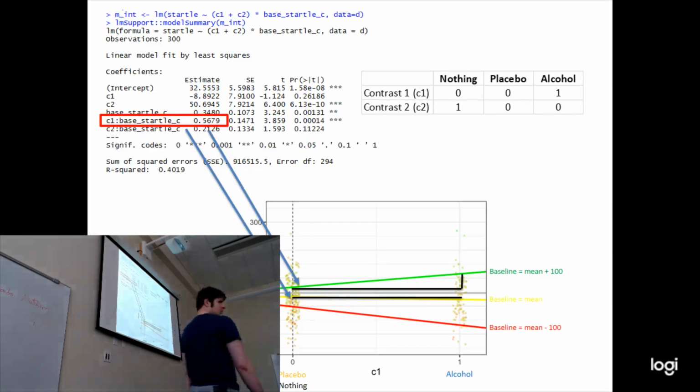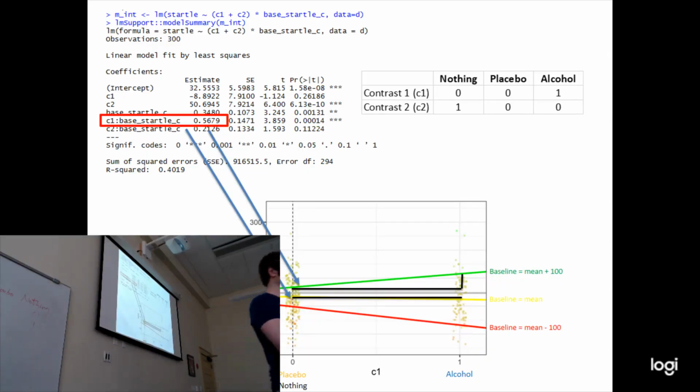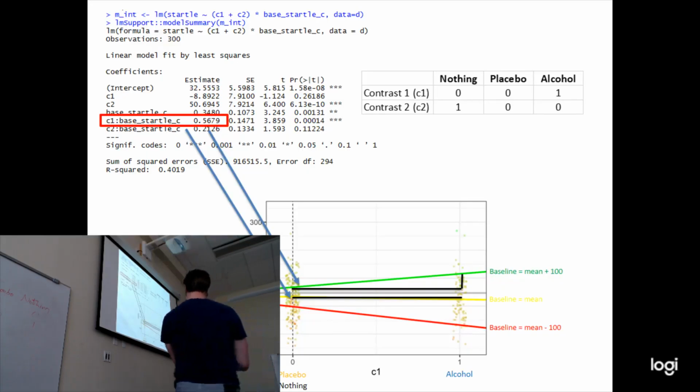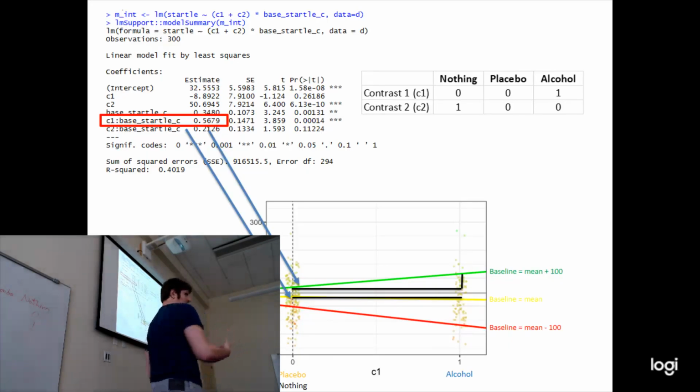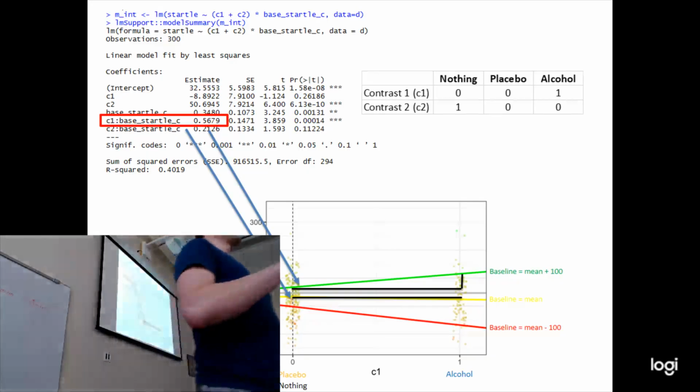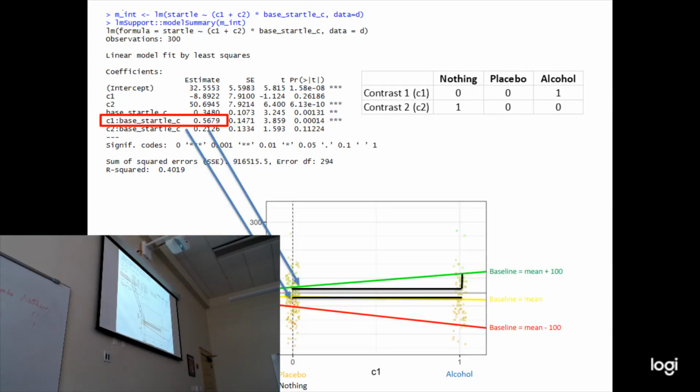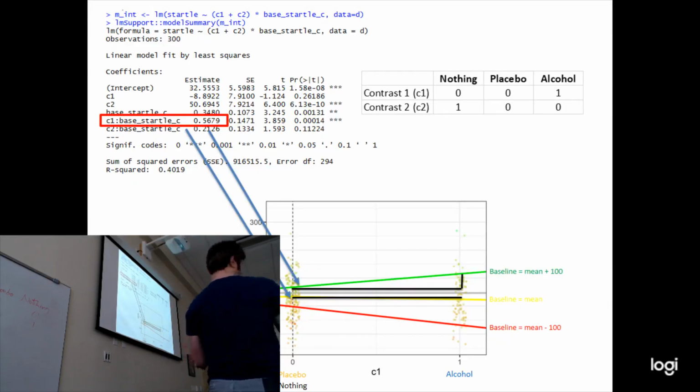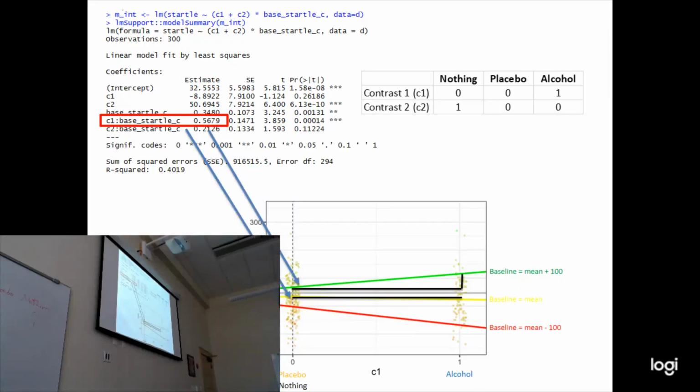So if you were interpreting that output, what would you say? I'd say that the predicted difference between the placebo condition and the alcohol condition increases by 0.56 microvolts for every unit increase in baseline startle.